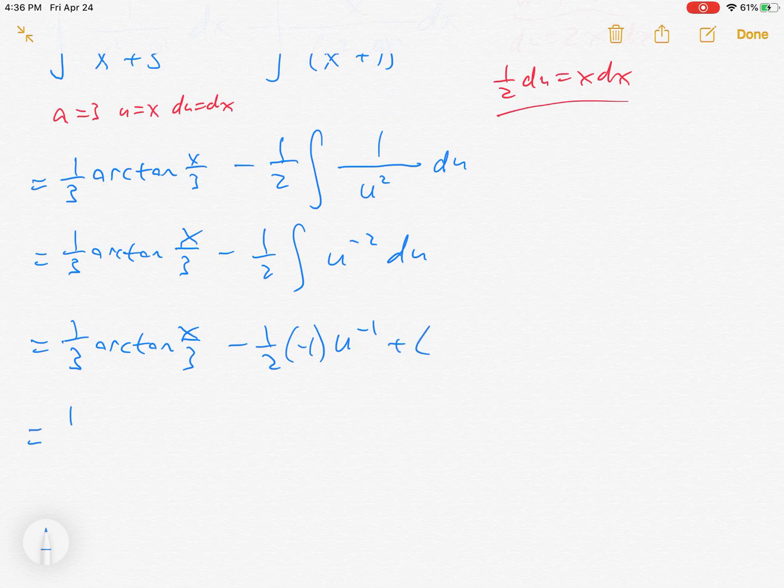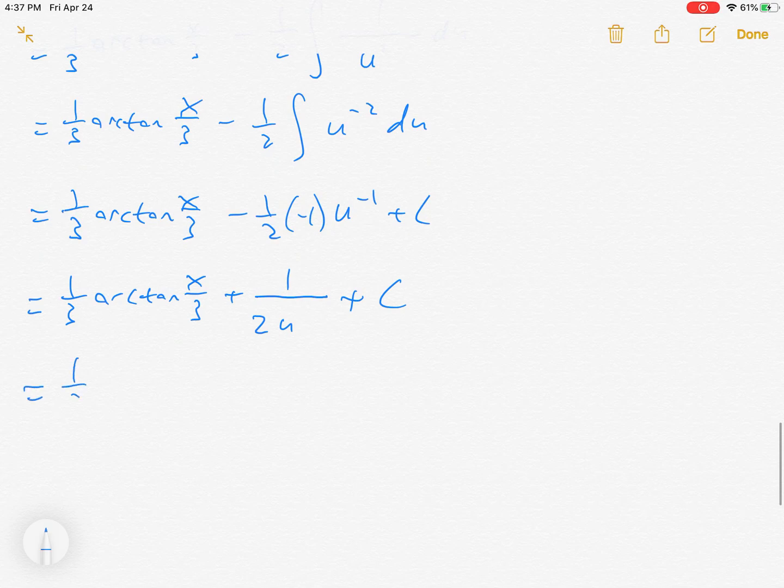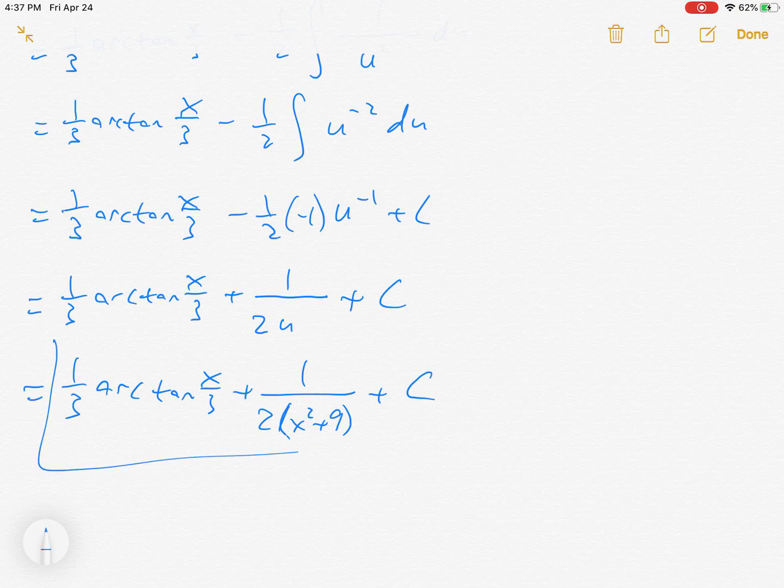Don't have to show this step, but it might make it a little easier. You see, that's just going to be -1/2, this goes to the -1. Finally, this becomes plus, and you could put a 1 up top and then 2u down below. I'll take my time and do one more step here. And then you could plug in for u, and we are done. Plus 1 over 2 times (x squared plus 9).